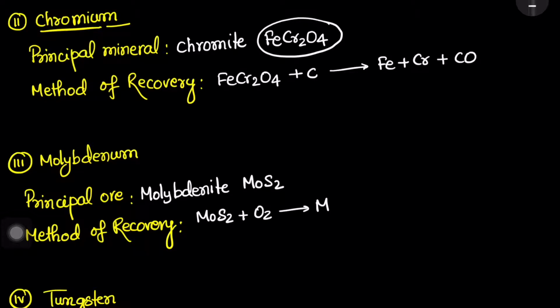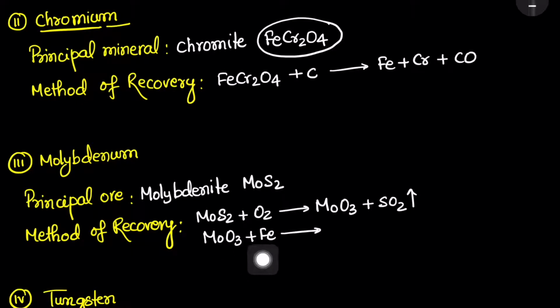So molybdenum sulfide will convert to oxide ore, that is molybdenum trioxide, and sulfur dioxide gas will be evolved. So this is the roasting of molybdenite. Then we'll do reduction of this molybdenum trioxide with iron.